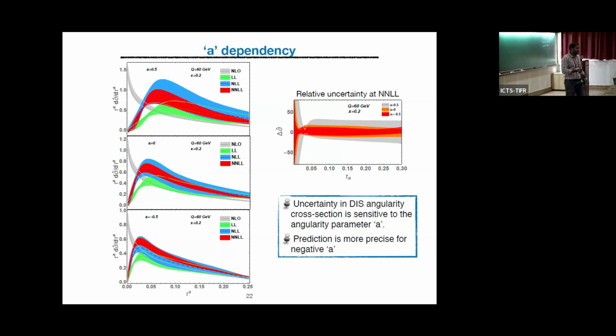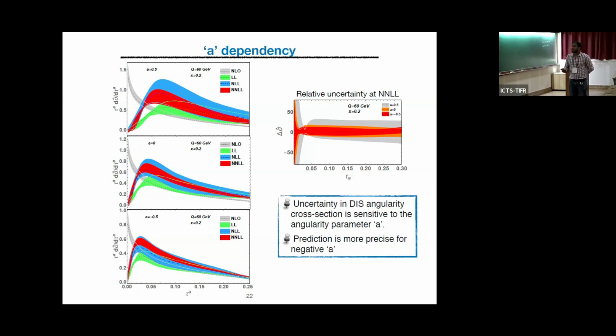But how negative can we go? The boundary comes from the SCET1 factorization. If we approach A equal to -2, then soft and collinear will be very close, so it will be very difficult to use SCET1 factorization.